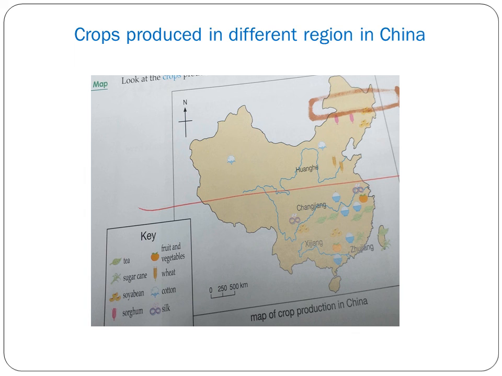What are the three major rivers? Huanghe, Shangjiang, and Zhujiang. These are the three rivers. And to do agriculture, to produce crops, you need to have a lot of water and a lot of plain land, and that's the reason that the eastern region is most suitable for farming.